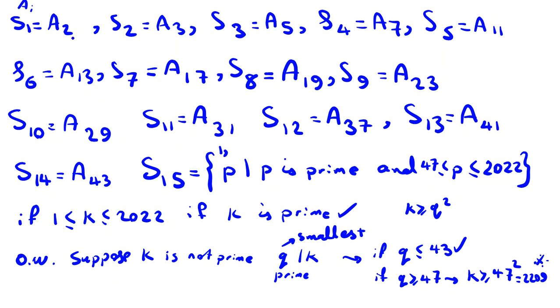Let me tell you something. For example, 6 is in A2 and A3, but the problem says they are disjoint sets. So if they have common elements, you can remove that element from all of them except one subset, and then we don't have any problem. For example, if you remove 6 from A3, then still all the subsets are okay.